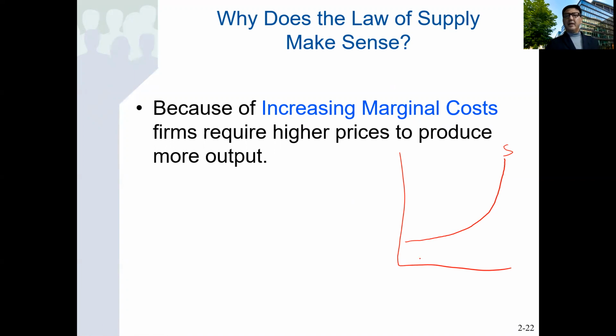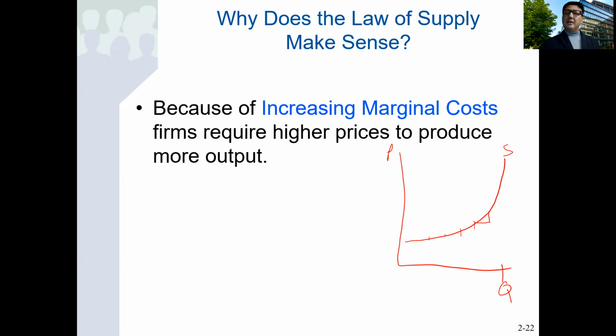Basically, the more you produce, the marginal cost goes higher and higher because you're producing more of it. This curve represents the statement of increasing marginal cost.